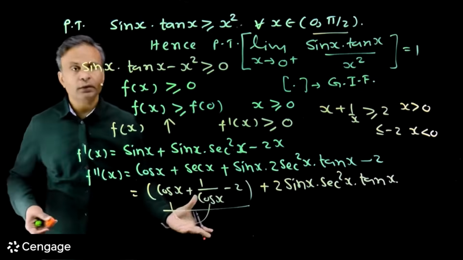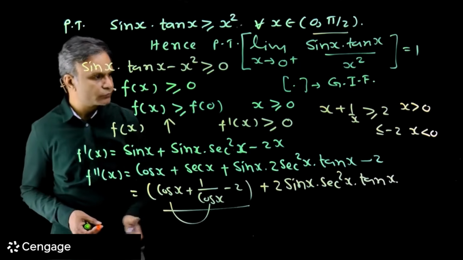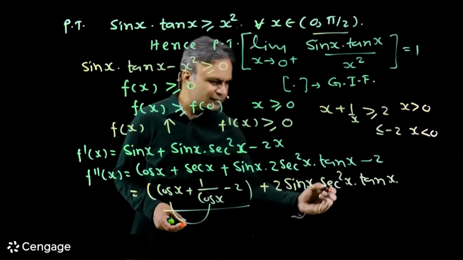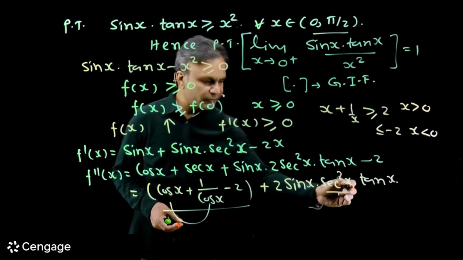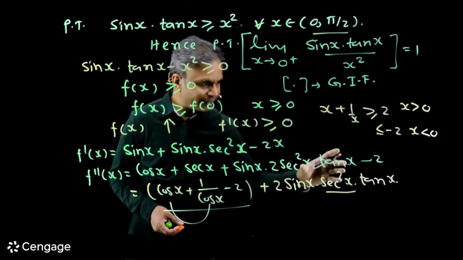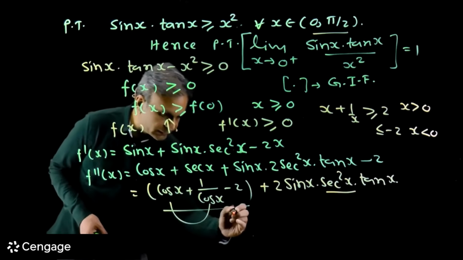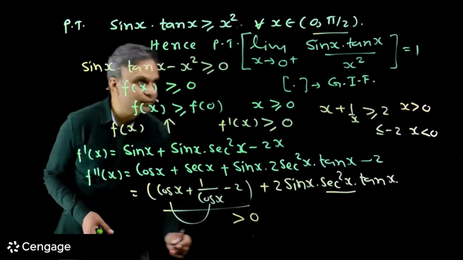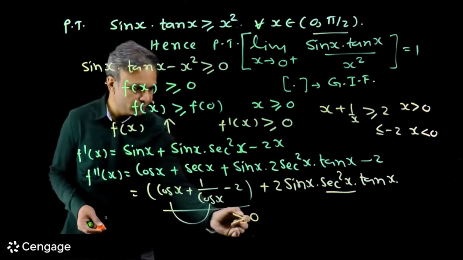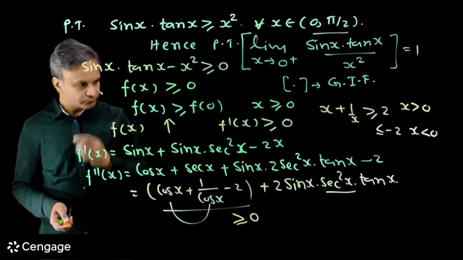So this will be greater than or equal to 0, and in the first quadrant all these values will be positive. This is a perfect square of second x. ये तो हमेशा positive होगा, and sin x and tan x will also be positive. So what do we get? We get the second derivative greater than or equal to 0. ठीक है, समझ में आ गया?